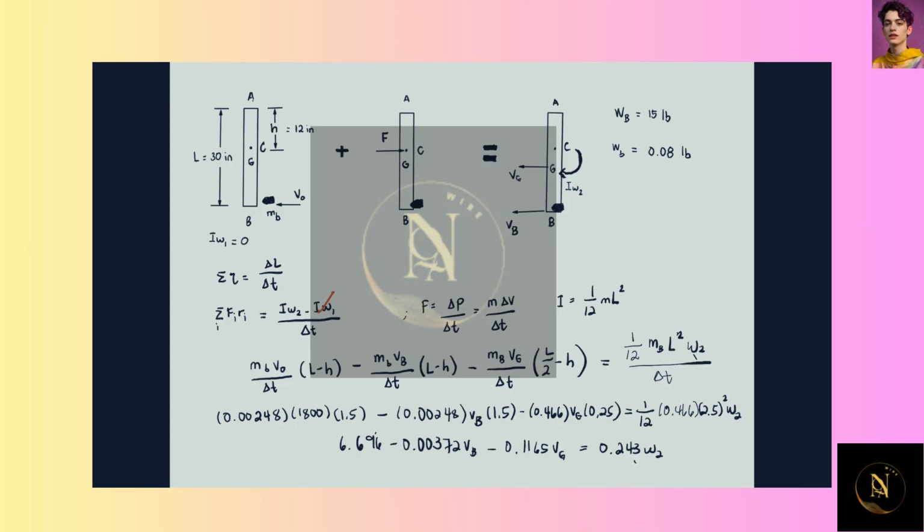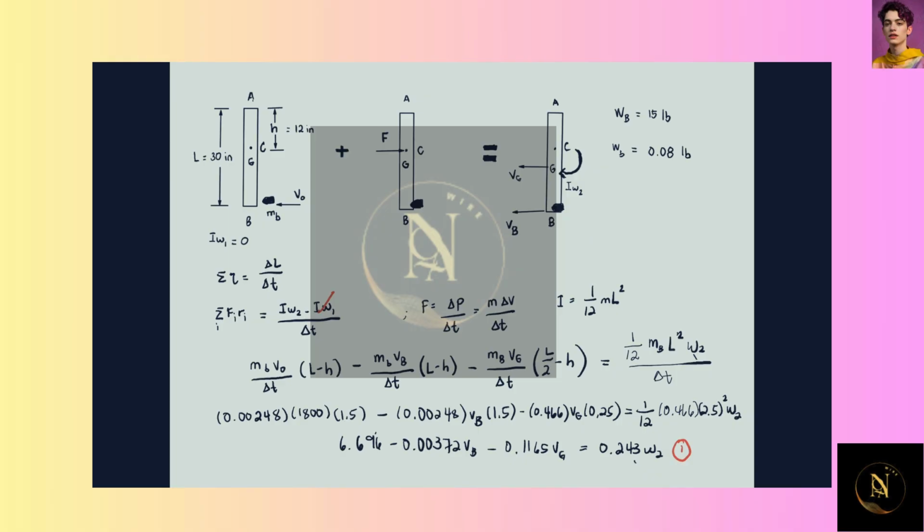Okay, so this will be our equation 1. So, we need other equations because we can't solve yet for the unknowns using only one equation, because we have several unknown values.